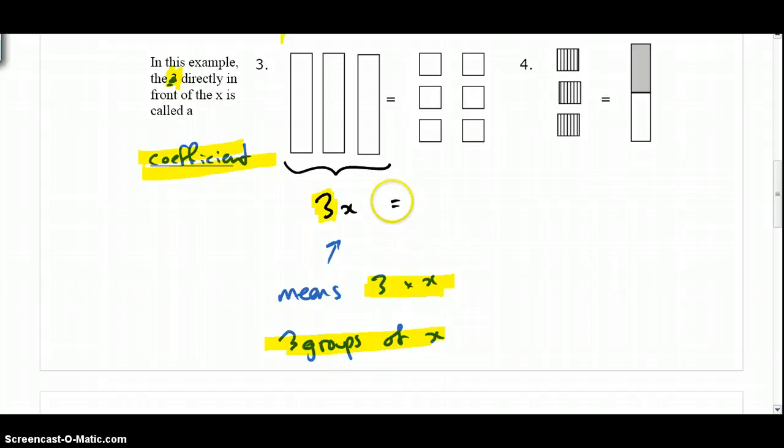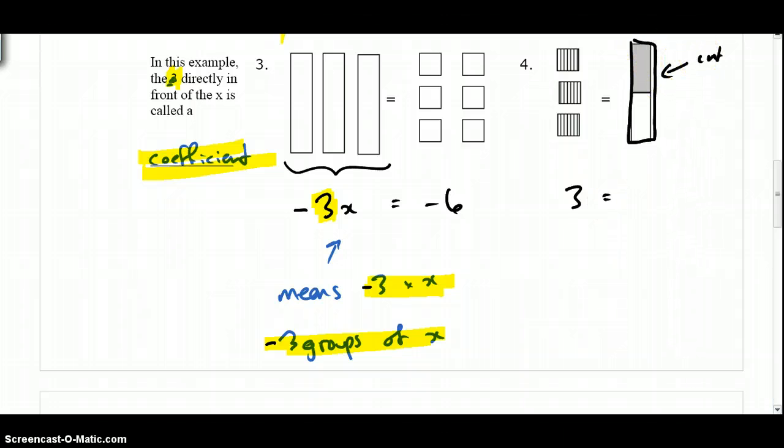In this case, that 3x is equal to negative 6, and I apologize, that should be a negative 3x. So negative 3 groups of x. Those are blanks, right? So they're negatives. The last one, we've just got 3, and it's equal to this thing. And now this would be a blank, and what they're trying to show here is that it's cut in half. So we took a blank x tile, which is a negative x, and we cut it in half.